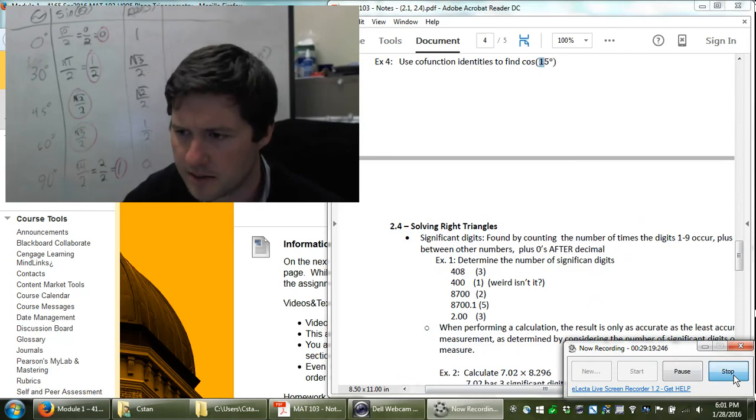If our two angles, the angle we're using here and this other angle here, have to add up to 90, if that's the case, they have to be equal.